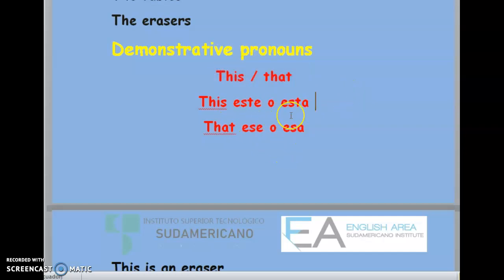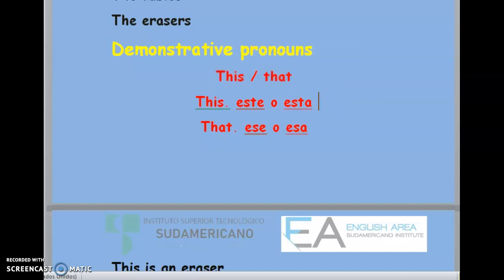Entonces practicamos. ¿Qué significa this? What is the meaning of this? Este o esta, ¿ok? And what is the meaning of that? Ese o esa, como ustedes pueden ver. Entonces, demonstrative pronouns, usted tiene this y tenemos that.